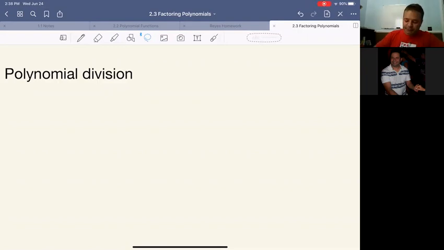All right. So let's start with just a sort of problem we all know how to do. At least I hope at this point. Factor x squared plus 5x plus 6.